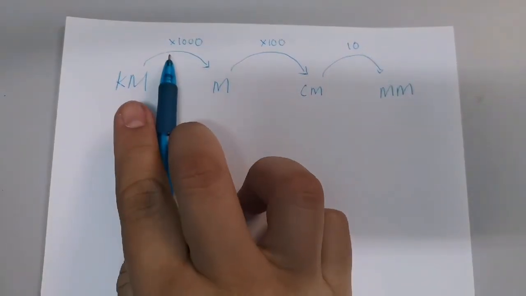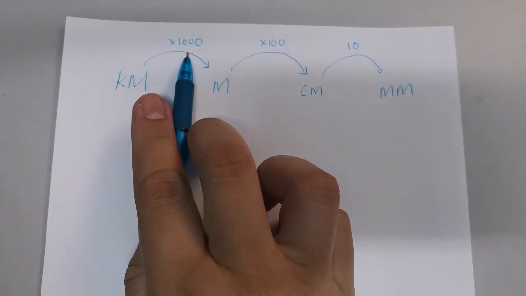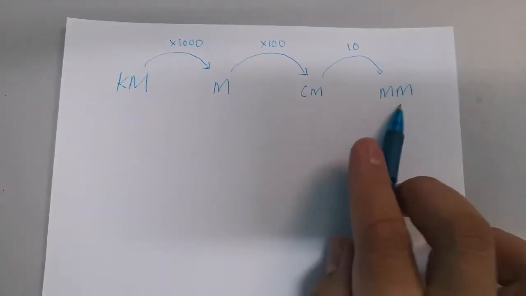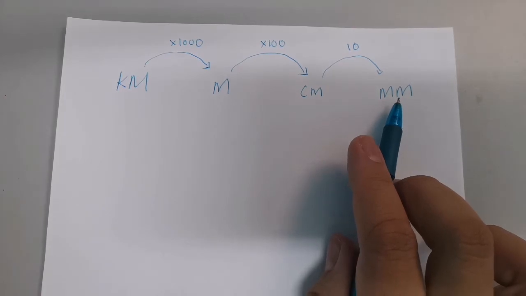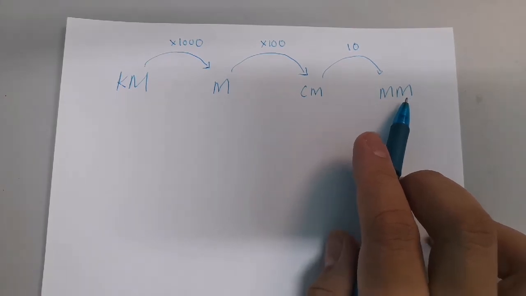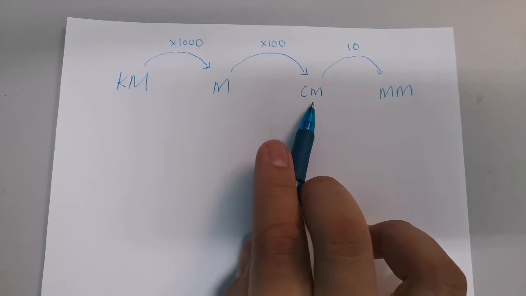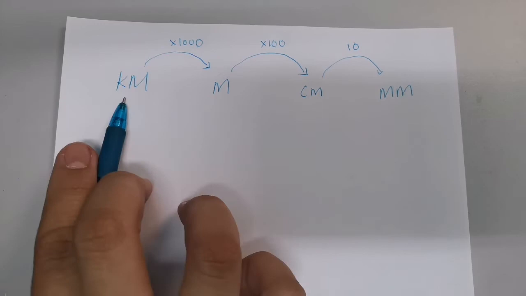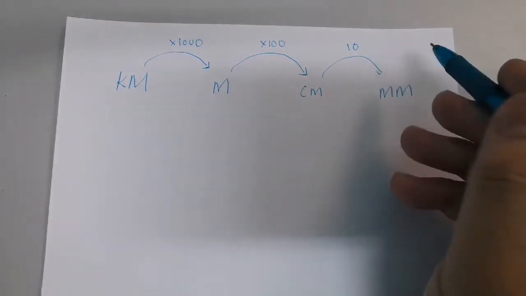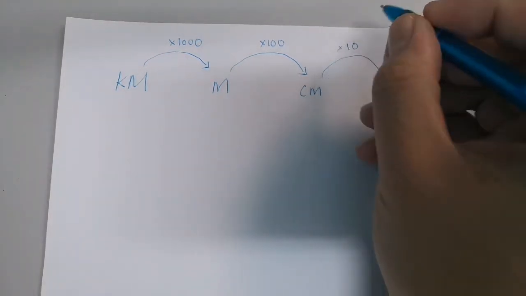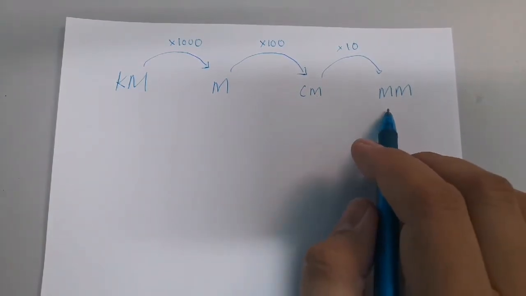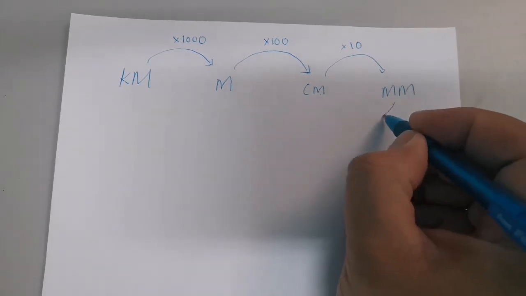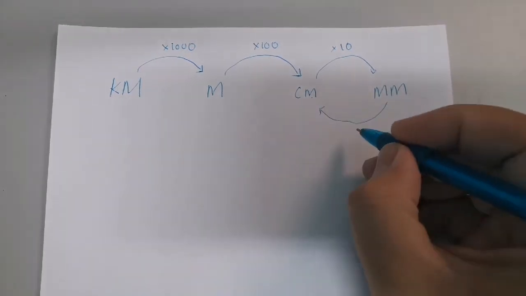As you notice, the number you need to times is getting smaller because the unit is getting smaller. Now, how to convert in reverse, from millimeter to centimeter to meter to kilometer? In order to reverse it back, you need to divide.